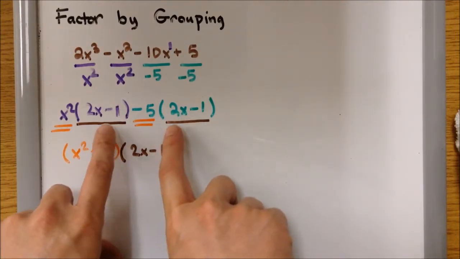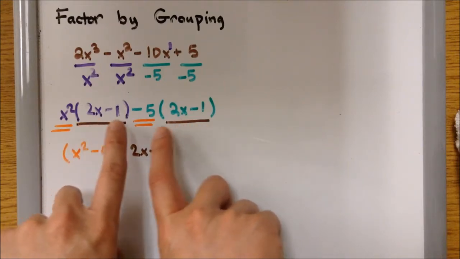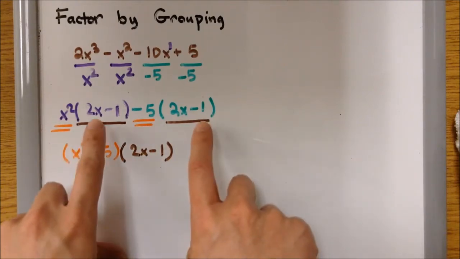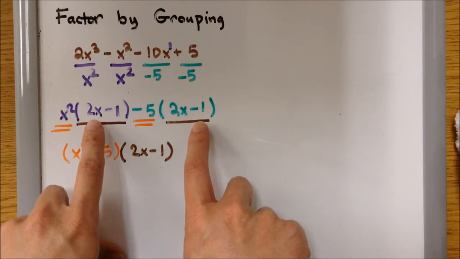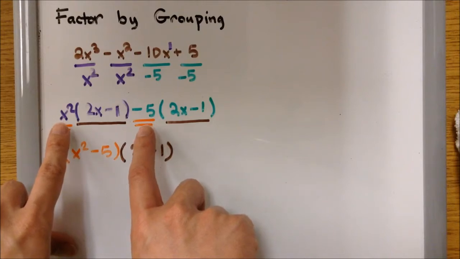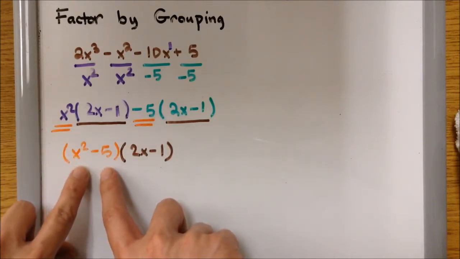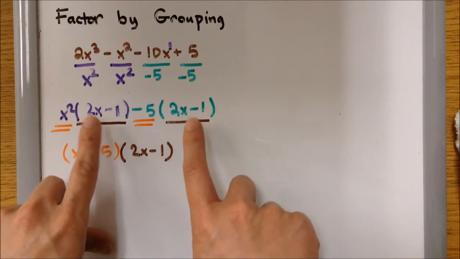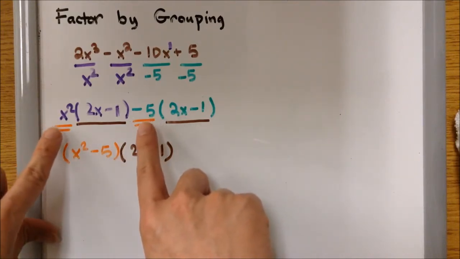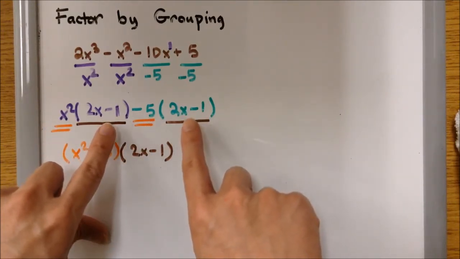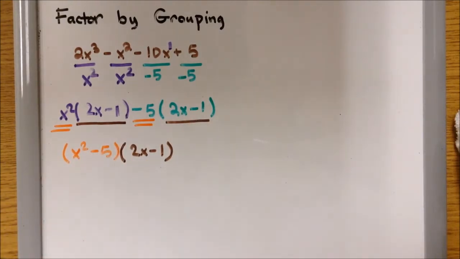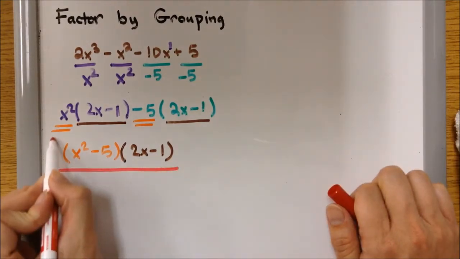Taking a closer look, I see that it's exactly the same term inside the parentheses, so all I did was group the outside terms as one factor in parentheses, and then rewrote the 2x minus 1 as one factor. So I wrote it one time. Group the outside factor as one, rewrite the ones in parentheses as one. This is how you factor by grouping, and this will be your final answer.